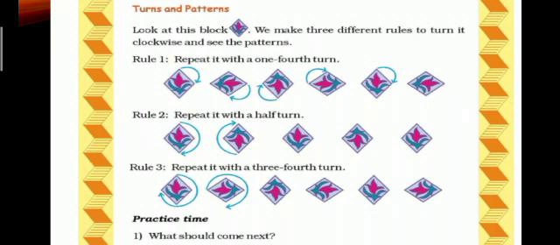Suppose we keep this kind of figure on a clock and it is rotating, that will be an easier, convenient way to learn how the patterns are moving, in what direction, clockwise or anti-clockwise, and what turn they are taking. So in rule 1, it is a 1/4 turn taken clockwise.